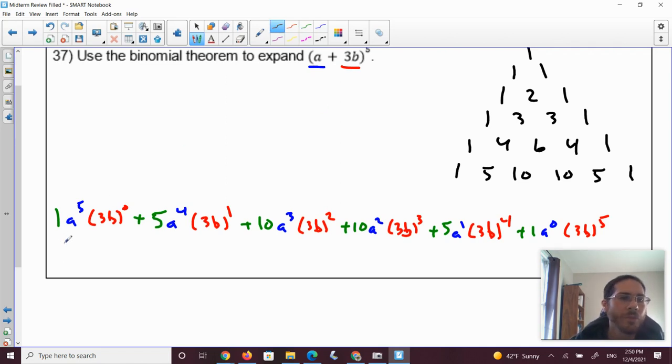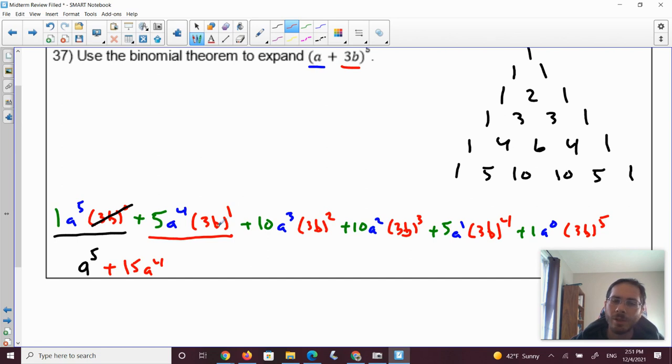All right, so first term, remember this is just going to be 1, so we don't need to deal with that. This is a 1. If you multiply by 1, we don't really need it. So our first term is just going to be a to the 5th power. All right, second term, we got 3 to the first power is 3. 3 times 5 is 15, so we get 15a to the 4th.